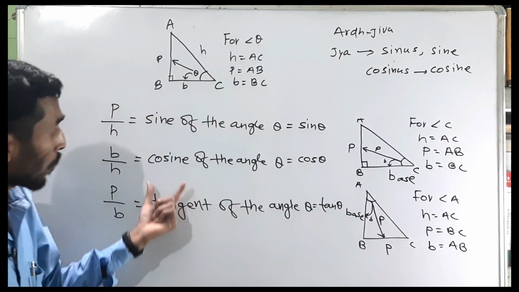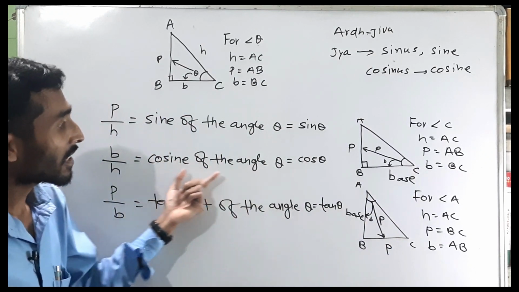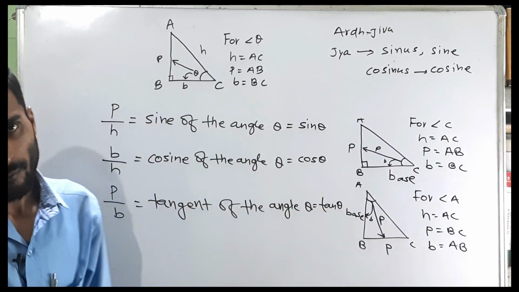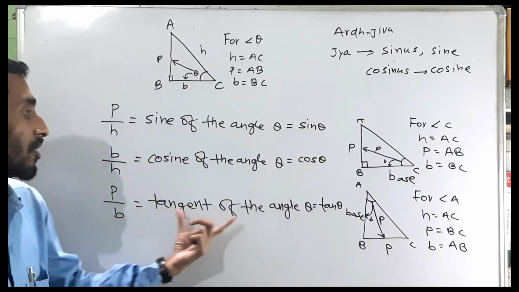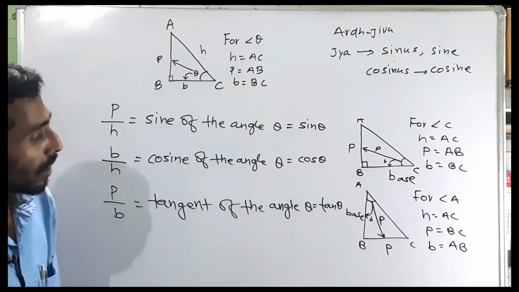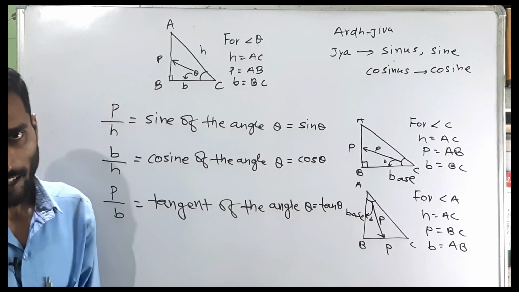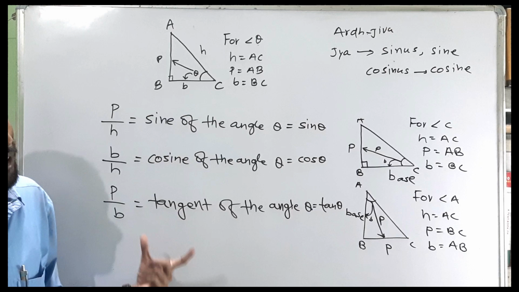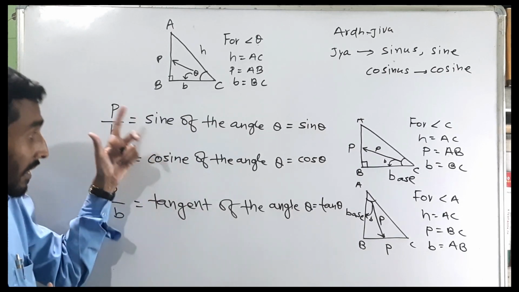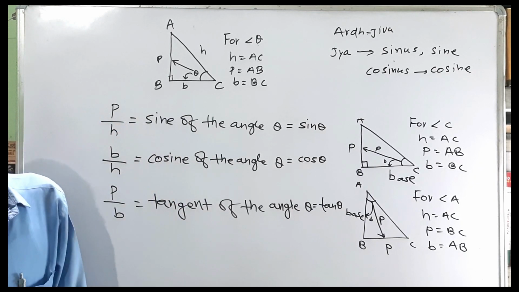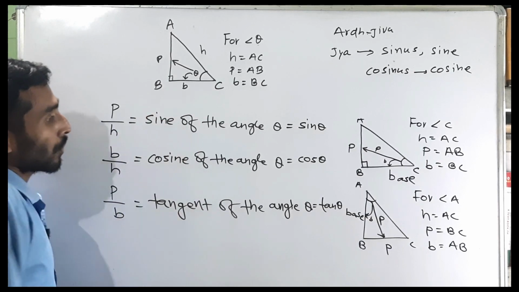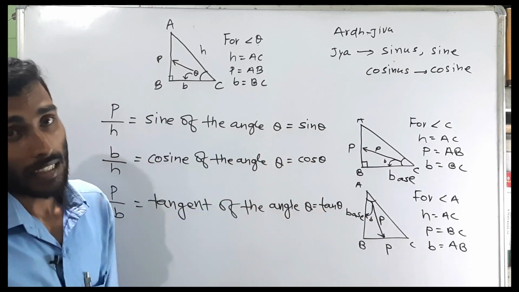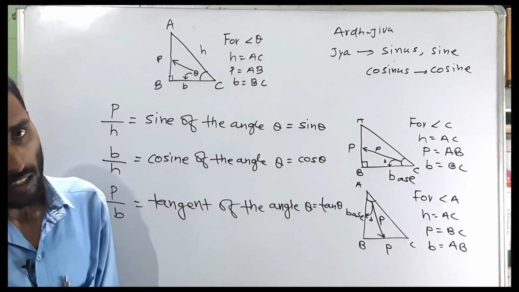Now cosine of the angle theta is abbreviated as cos theta, and then came the tangent of the angle theta, also abbreviated as tan theta. So these are the ratios we are talking about in trigonometry. That's why sin theta, cos theta, tan theta are called trigonometric ratios.